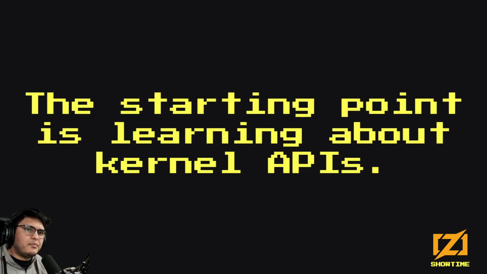I think that the starting point is to learn about kernel APIs, and by that I mean you should take a look at kqueue for macOS. Linux has epoll. Windows has, I don't know. Sorry, Windows is always. I don't mean to say that Windows is necessarily bad in that regard. I haven't programmed Windows APIs on Windows. I think people that use Windows sometimes say they're nice.